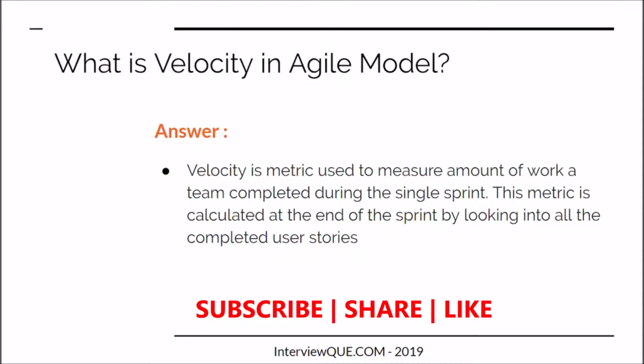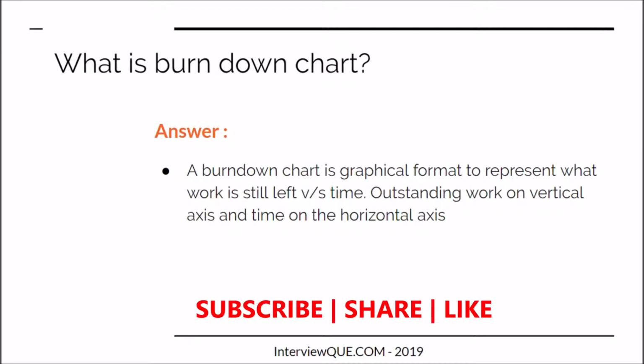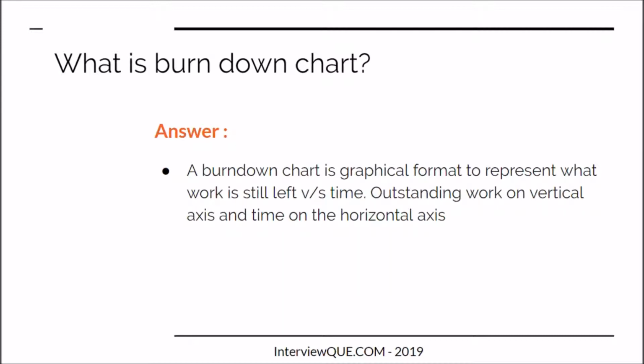The next way of measurement in an Agile Scrum team is a burn down chart. So what is a burn down chart? The burn down chart is nothing but a graphical representation of the outstanding work on the vertical axis and time on the horizontal axis.